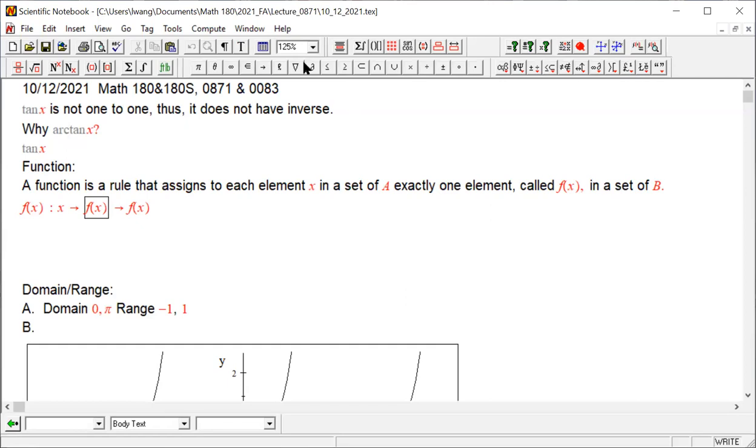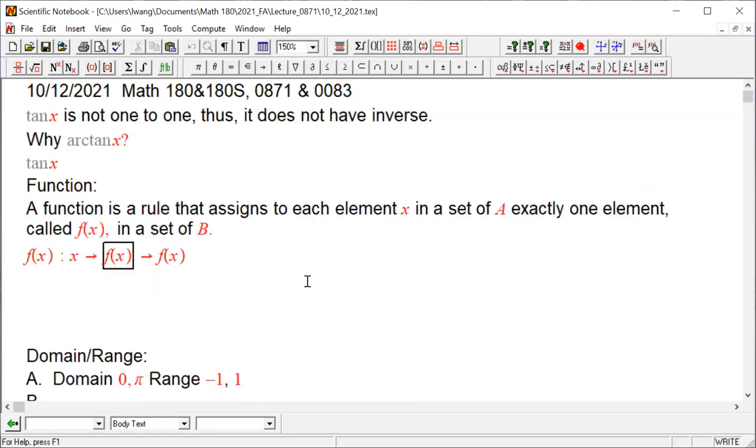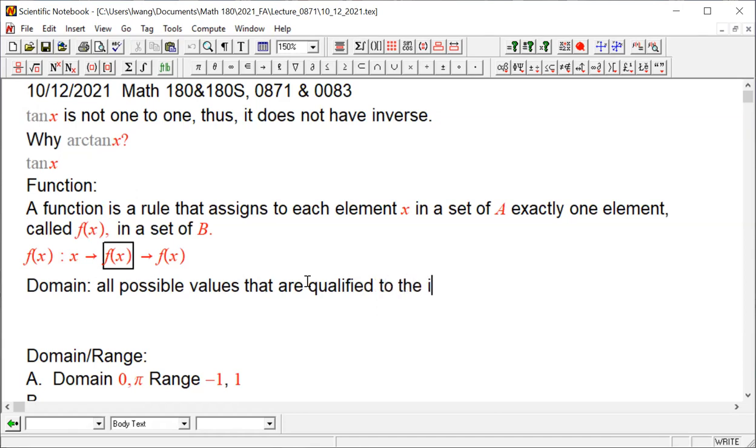So what's the concept of domain? The domain is all possible values that are qualified to be the input for the function.